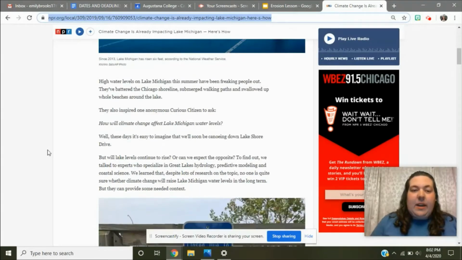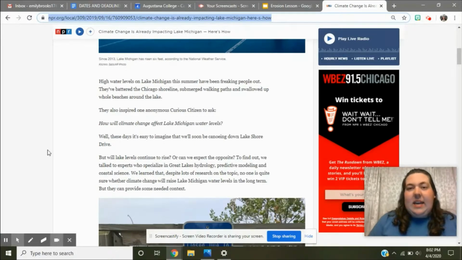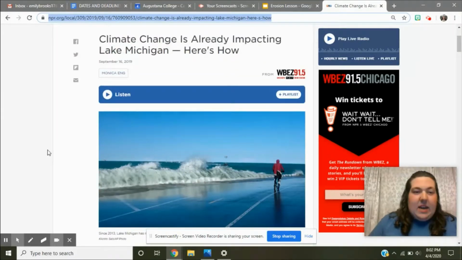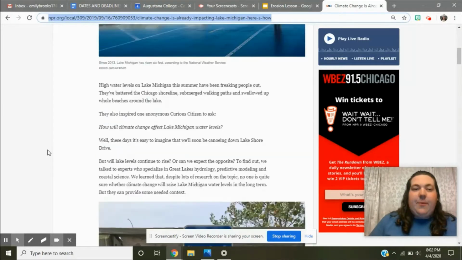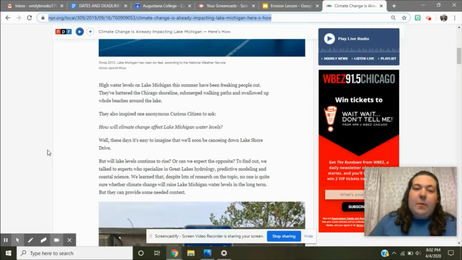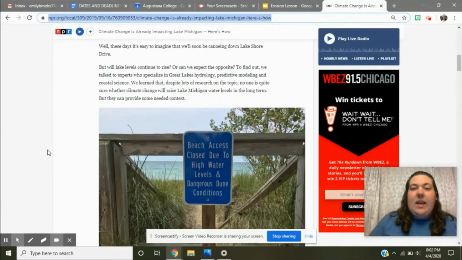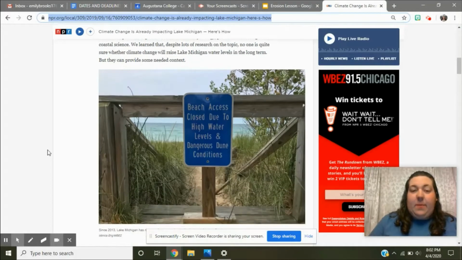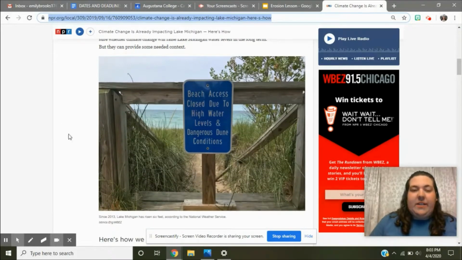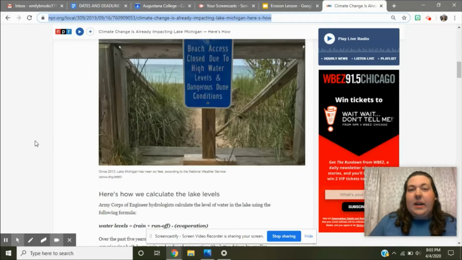It talked a lot about what the Lake Michigan water levels are like. This article was written in 2019, so fairly recent. And this past summer, we experienced a lot of record high water levels, which has had a big effect on our shorelines and our beaches, like you can see from this picture here.